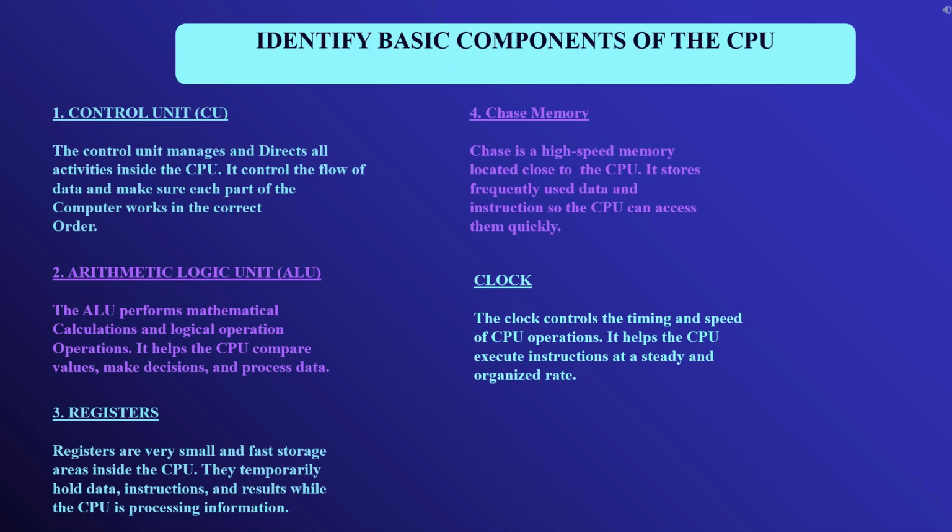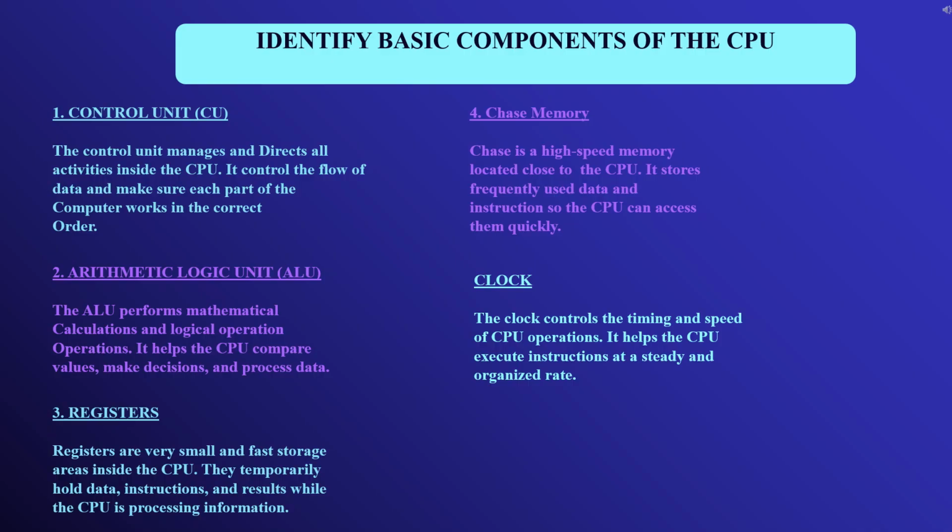Okay, let's talk about the basic components of the CPU. The CPU, or central processing unit, is not just a single part. It's actually made up of several smaller components that work closely together. The first is the control unit. Think of the control unit as a traffic officer standing in the middle of a busy intersection.